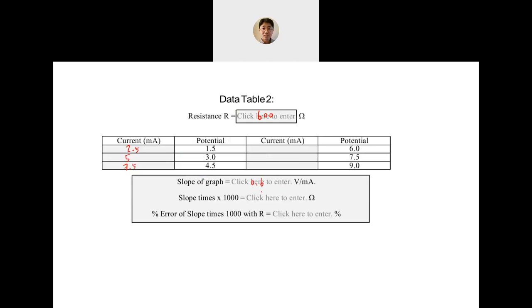Then if we multiply 0.6 times 1000, we can find 600 ohm. That is exactly consistent with the theoretical value. Then what must be, I think, the error.